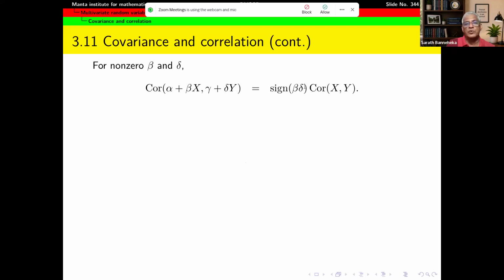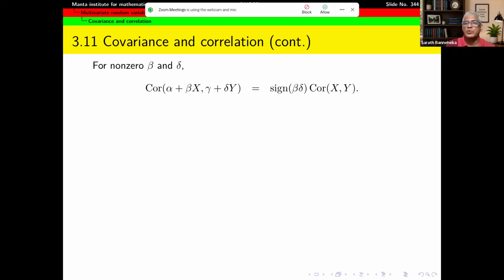So the sign will be important, right? Otherwise, the value alpha beta doesn't come. For the covariance, of course, the value comes with the sign. But for the correlation, only the sign of this product will come because beta and delta will cancel out with the term in the denominator. Right. So those things you can easily prove by using the definition.